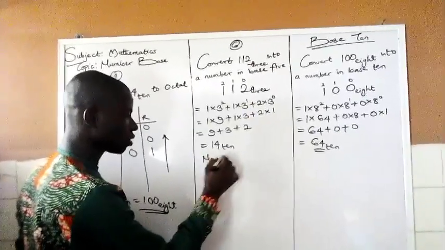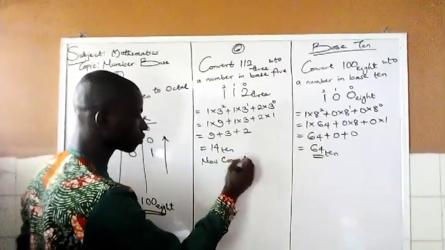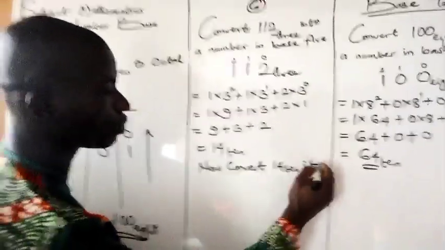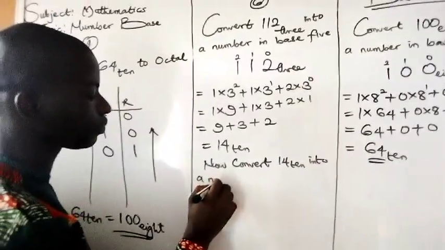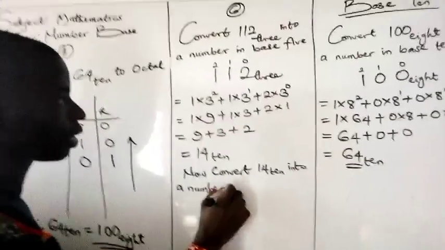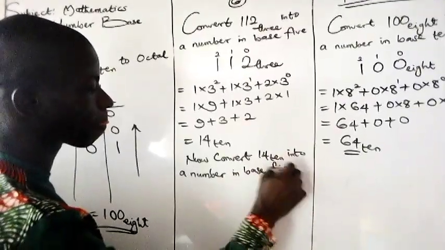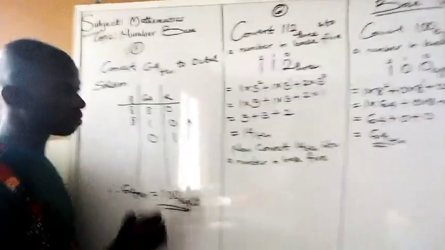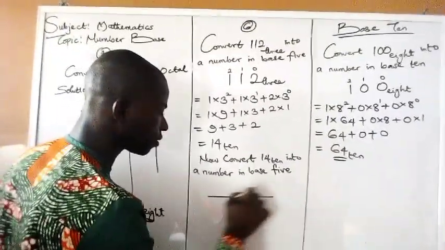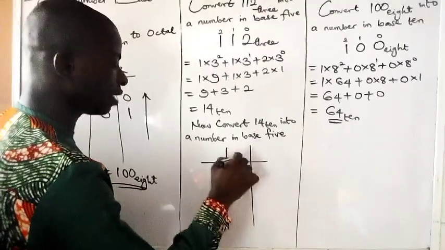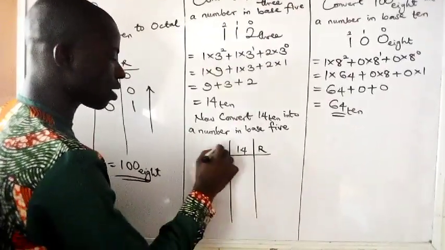Now, convert 14 base 10 into a number in base 5. Are we together? Then you have something like this. We have 14, we have remainder, we have 5.